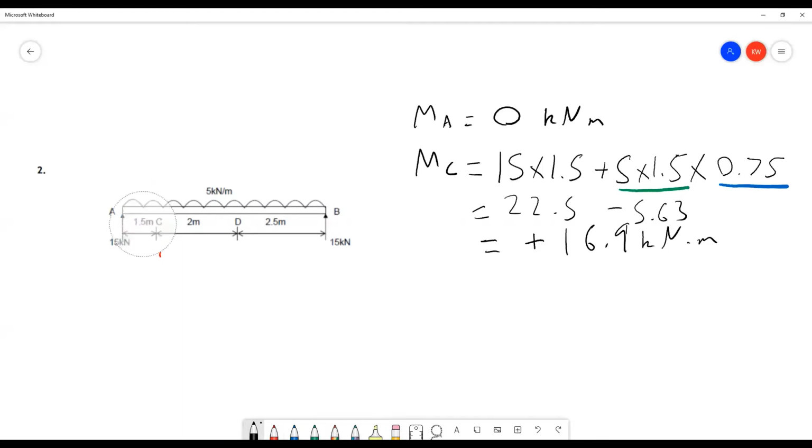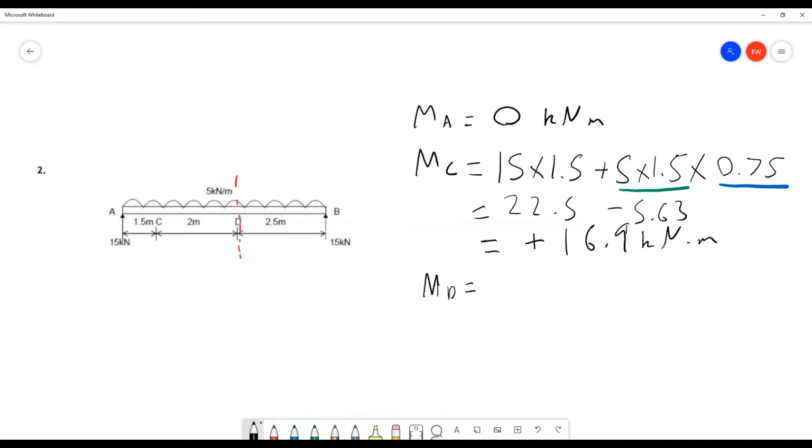So now we've got MC sorted, let's have a look at MB. Oh, I did that again, MD is what I want to look at. So we'll put our cross sections through here and then consider everything we need to consider.